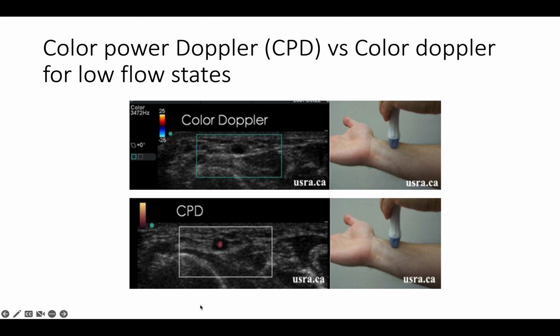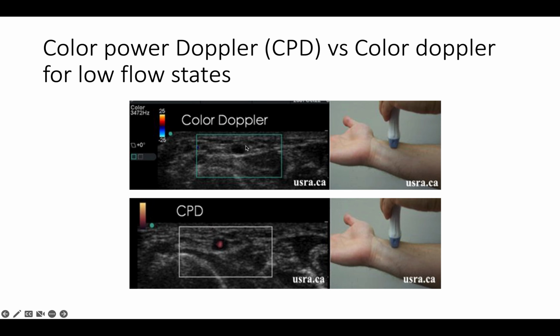So for example, here we would try to assess this particular structure. It's a black pearl, right? It could be a blood vessel, but it could also be a nerve. So if we put the ultrasound probe here, perpendicular to this structure, we don't see any color.